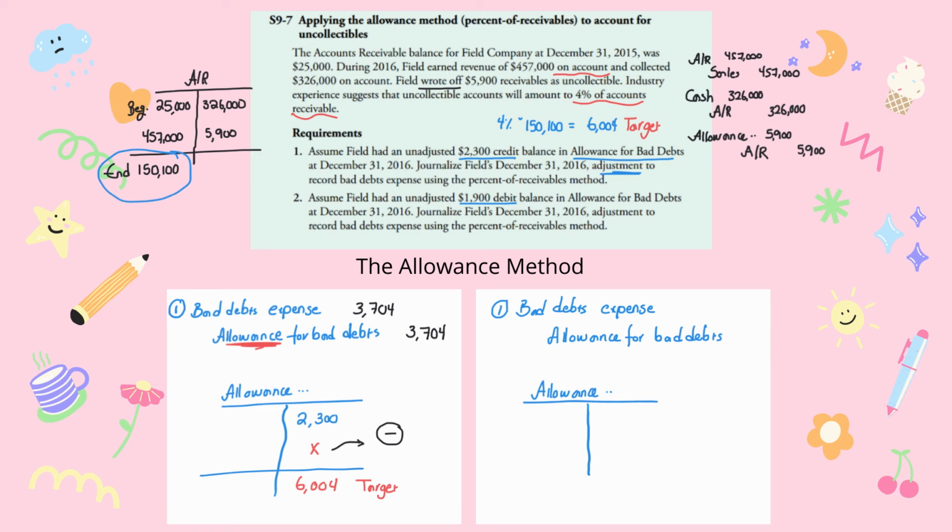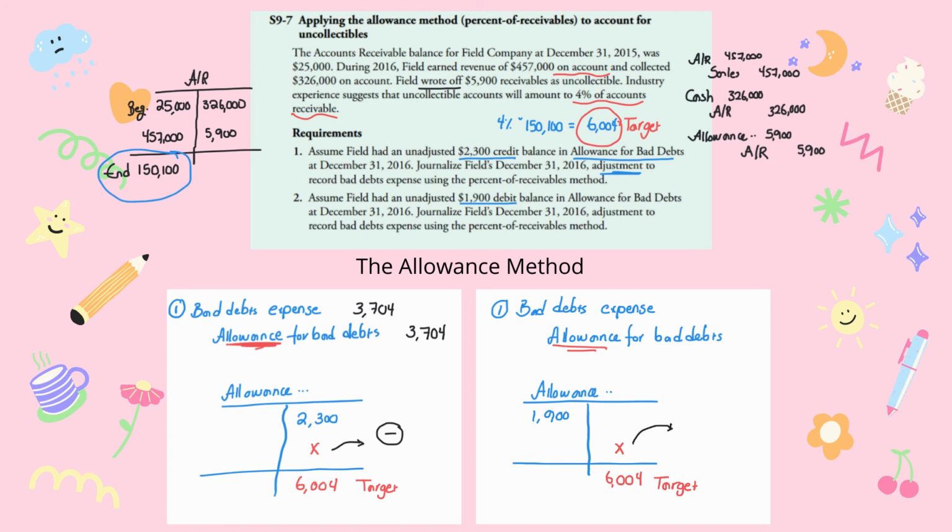Now he's saying that I have a 1,900 debit balance. In the entry, the allowance is credited, and the target is also credited. It will always be on the credit side, which is 6,004, 4% of the accounts receivable. Now what shall I do to solve for X? Shall I add or subtract?